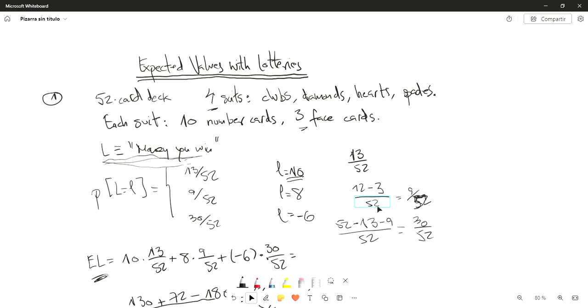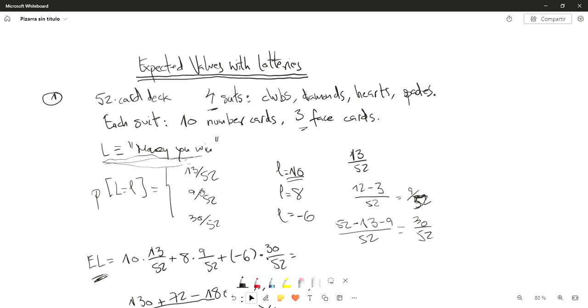Again, the total number of outcomes is 52, and in this case the favorable outcomes would be to pick a face card, which is, we have 3 faces in each suit, and we have 4 suits, so it's 3 times 4, so this is 12, and since we don't include the hearts, we need to subtract 3, so this will be 12 minus 3, which is 9.